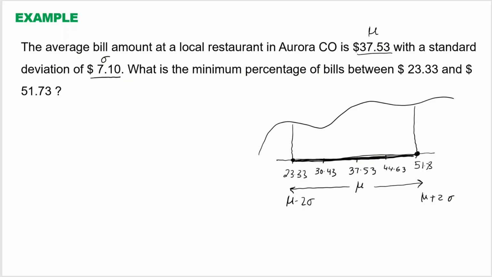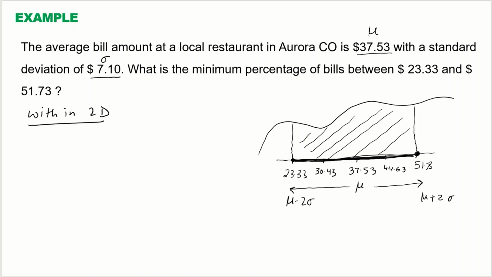According to Chebyshev's theorem, the amount of data within 2 standard deviations is given by the formula 1 minus 1 over k squared, that is 2 squared, times 100%.